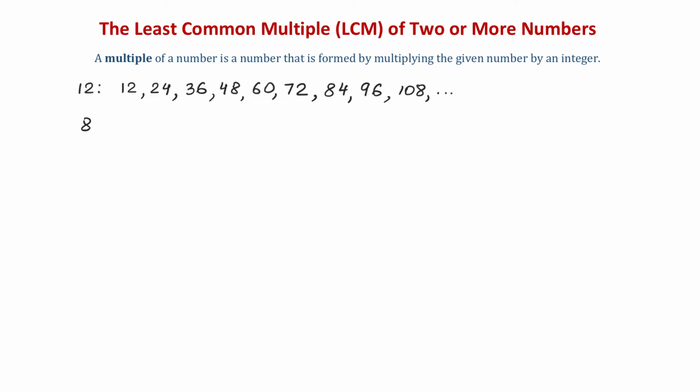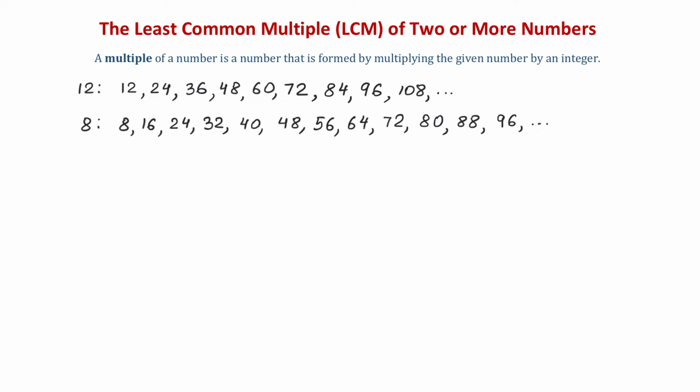So then, 8 times 1 is 8, 8 times 2 is 16, 8 times 3 is 24, 8 times 4 is 32, 8 times 5 is 40, 8 times 6 is 48, 8 times 7 is 56, 8 times 8 is 64, 8 times 9 is 72, 8 times 10 is 80, and a few more. 8 times 11 will be 88, and 8 times 12 will be 96, and so on. All these numbers represent multiples of 8.